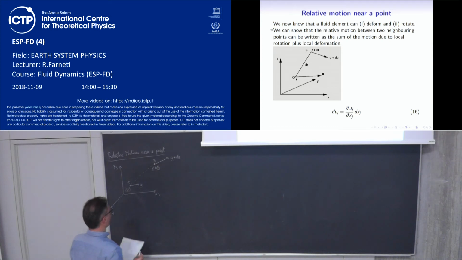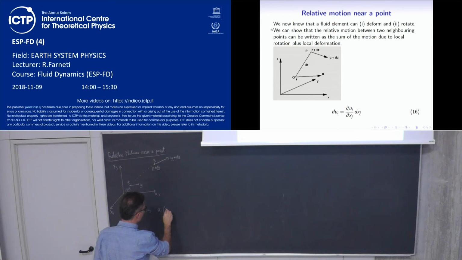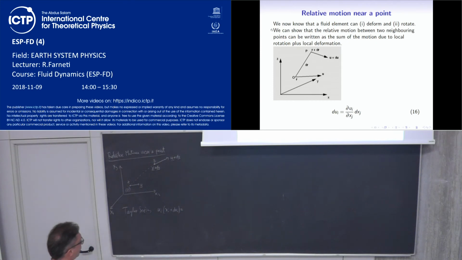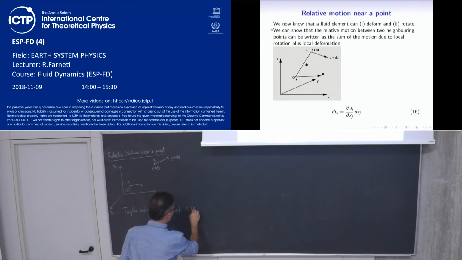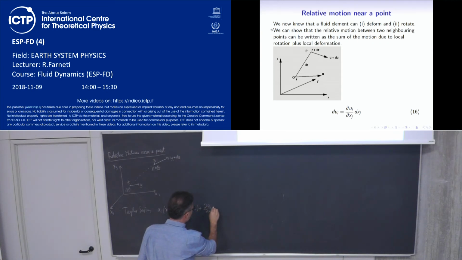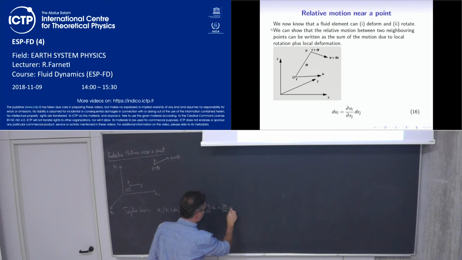Okay, so we do again a Taylor series of our flow at u of xi plus dxi at point B. Okay. And this is my ui of xi plus everything that is happening at dx.